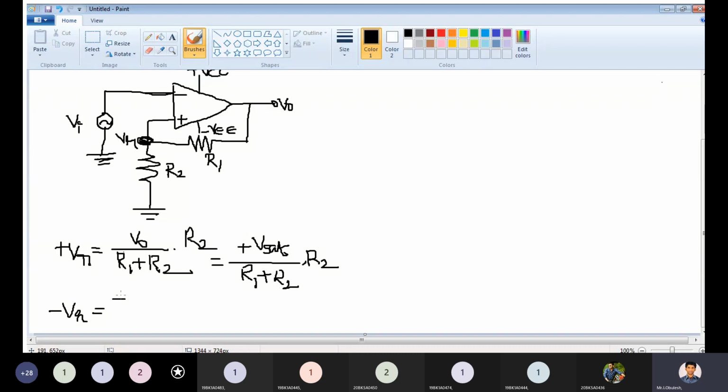But here you are getting minus V saturation divided by R1 plus R2 into R2. This is for negative saturation.